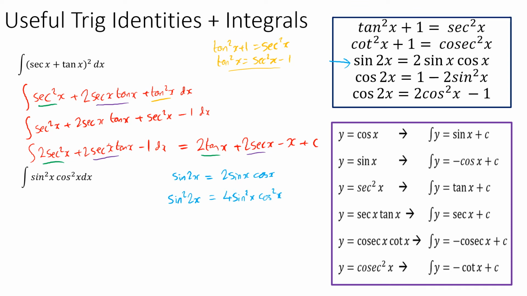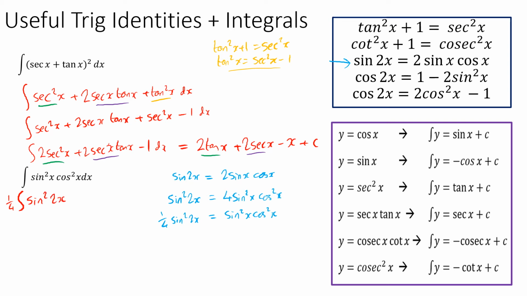Well, we want it to look like sine squared x cos squared x, so we need to obviously divide by 4. And there's our starting substitution. We can swap out what we've got there for a quarter, let's put that outside, of sine squared 2x.